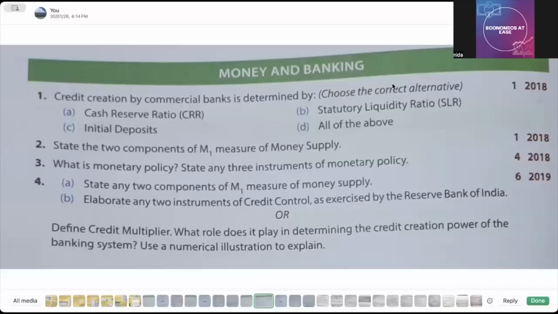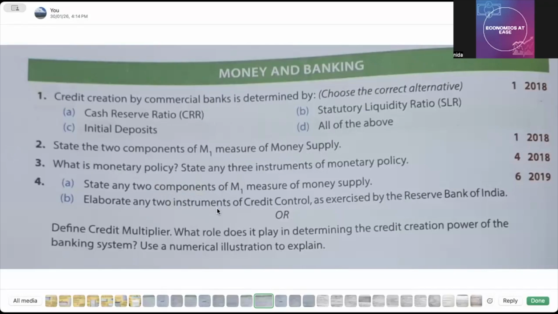So these are the questions. You can take the screenshot. Credit creation by commercial banks is determined by, then all of the above. The answers are also being provided to you. Then state the components of money income, M1, that is a measure of money supply. Then what is monetary policy, and how you're going to answer all these questions.